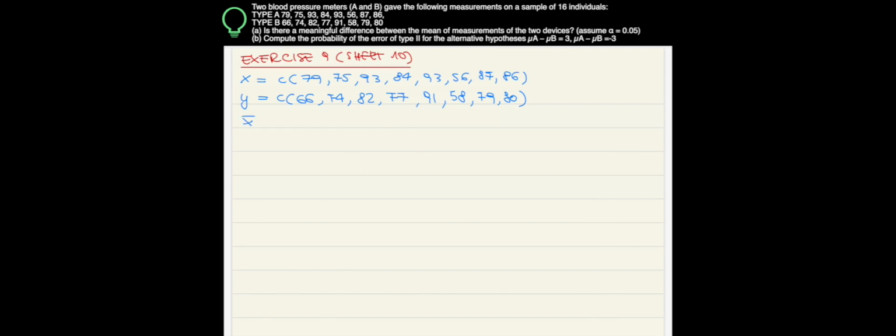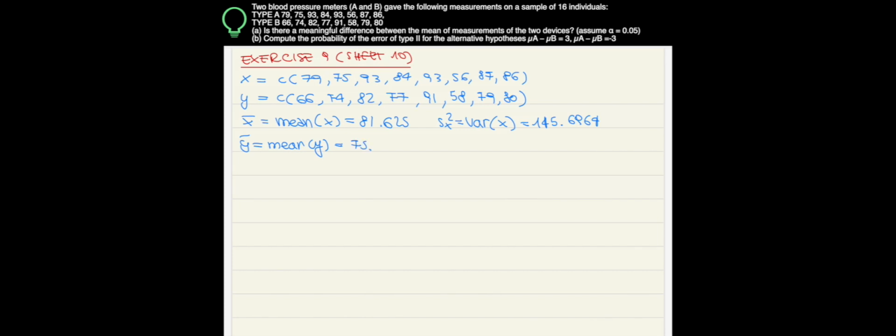So X bar, that is the mean of the first sample, can be obtained once you've defined the two vectors X and Y by mean of X, and it's 81.625, I believe. And S squared of X, the sample variance, you can compute it with the function var, and it's 145.6964.